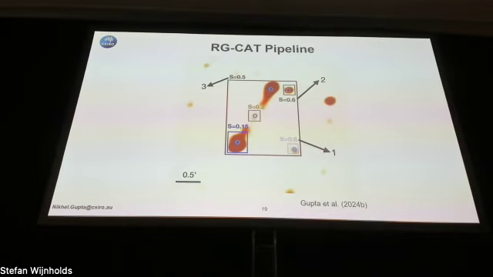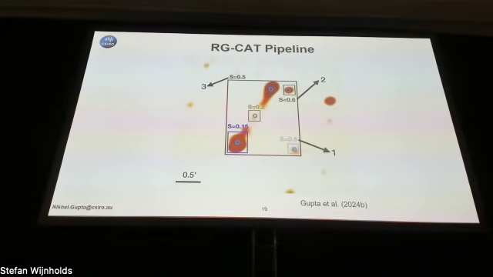For example, you have these bounding boxes placed on different detections in the maps. You have this FR2 galaxy, and there are point sources close by. What the pipeline does is take the high score sources out of the picture first and delete them from the catalog.